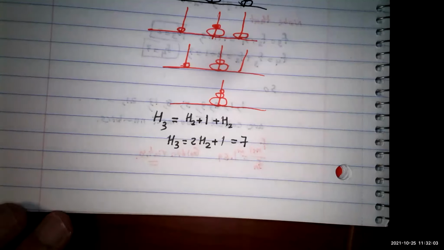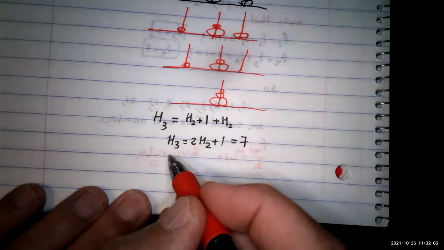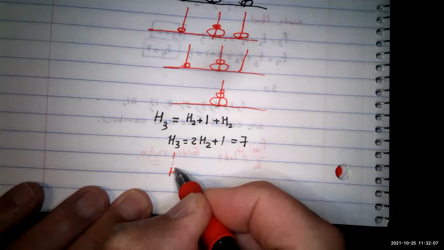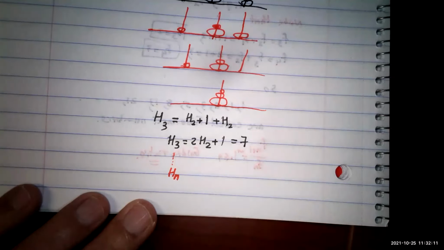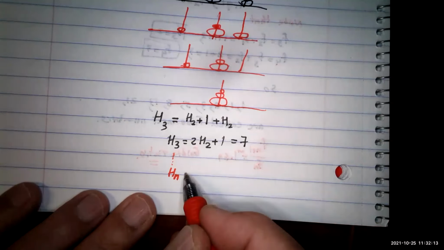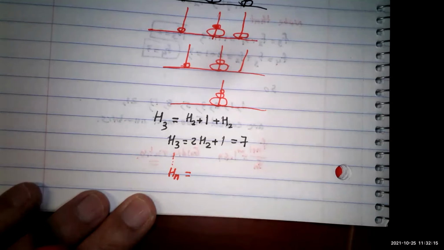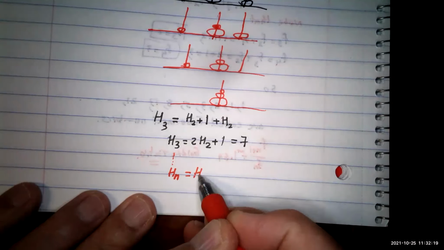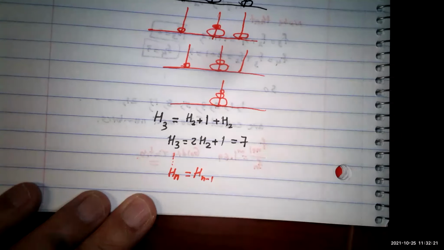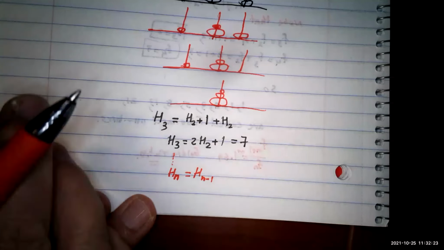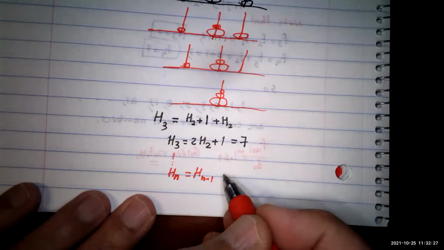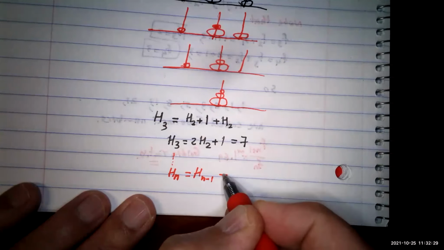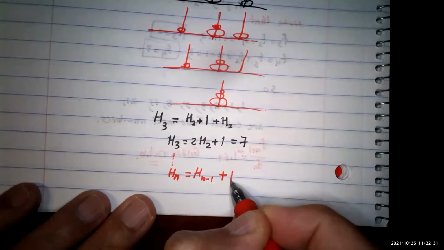So if you do the same procedure, if you want to move the n disks, what you are going to do is you have to remember to release the last one. So you need H(n-1) moves, okay, to put all the top ones from 1 to 3, as we did. Then we do one extra move.